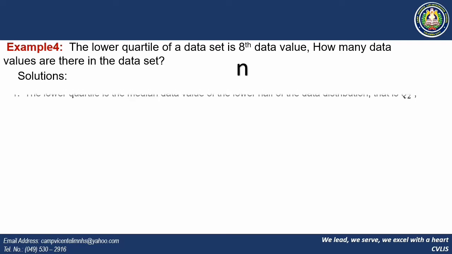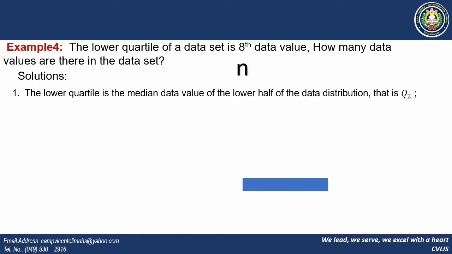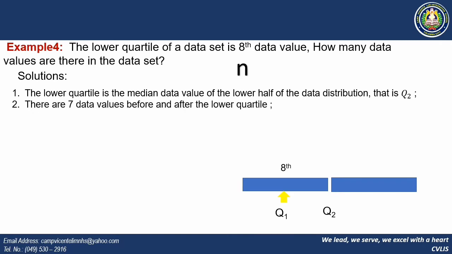For the solution, you have learned that the second quartile, or the median, divides the data into two equal segments. We have the lower half and the upper half. It seems that the 8th data value lies on the first quartile. Then it is the median of the lower half of the data distribution.